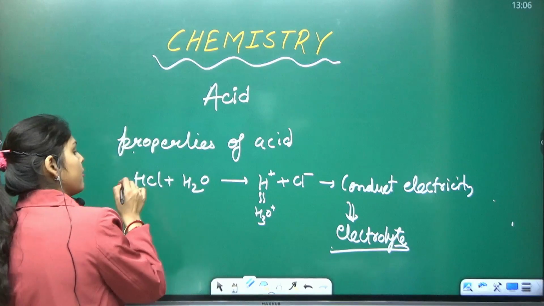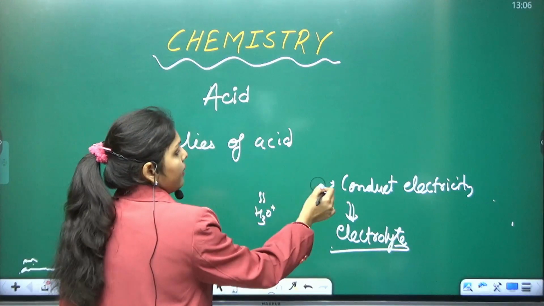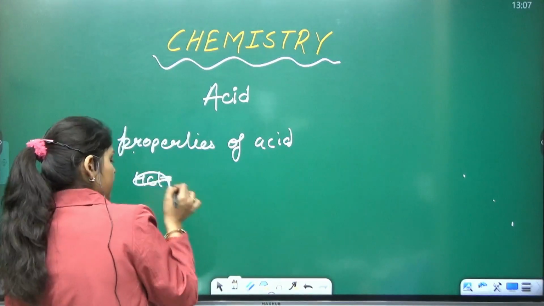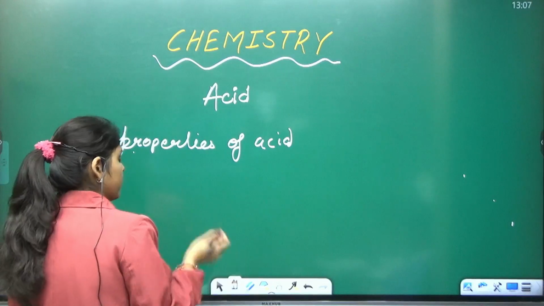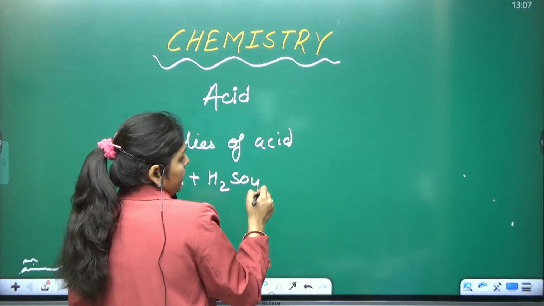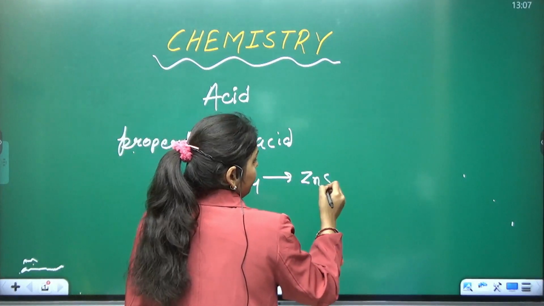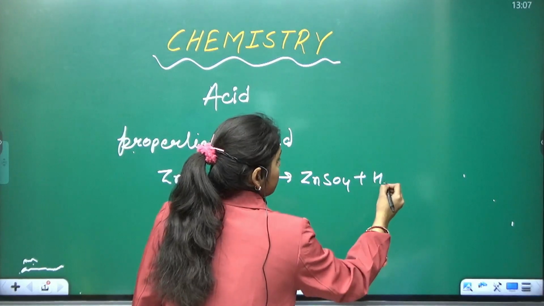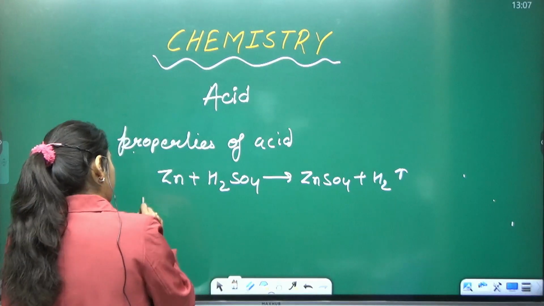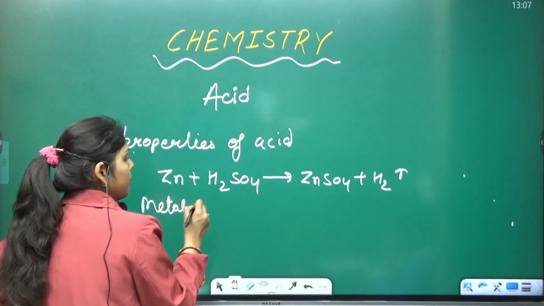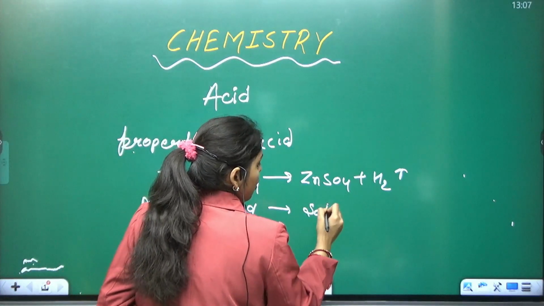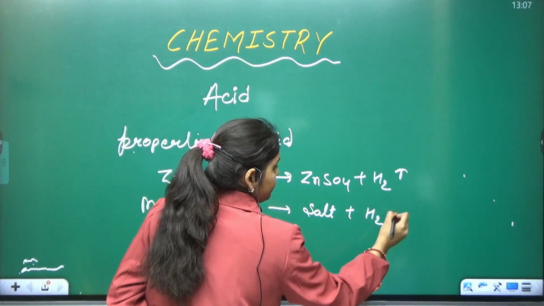The second property of acid is, when acid reacts with metal, it gives salt and hydrogen. Any time you take any metal plus acid, it will always give salt and H2 gas.